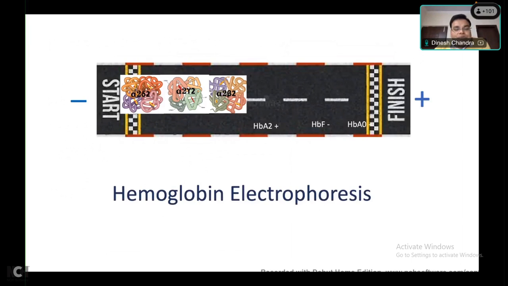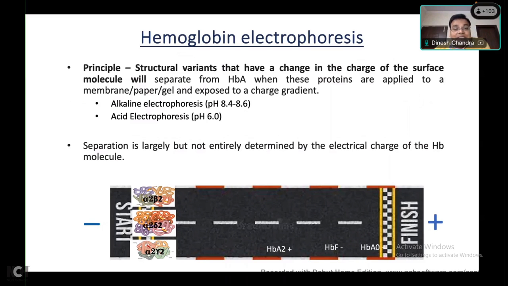Yes. So the old technique, which we still use, is hemoglobin electrophoresis, where the principle is that different variants of hemoglobin have different charge. On the basis of that property, when we apply an electric field, on either paper or agarose gel, they separate on the basis of their charge.